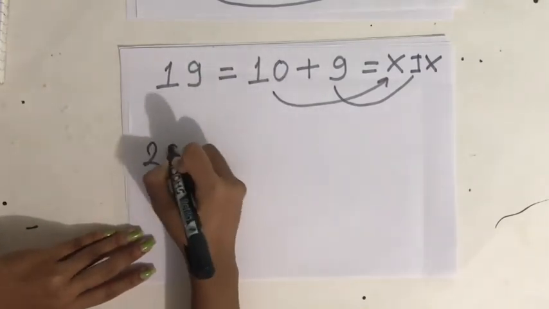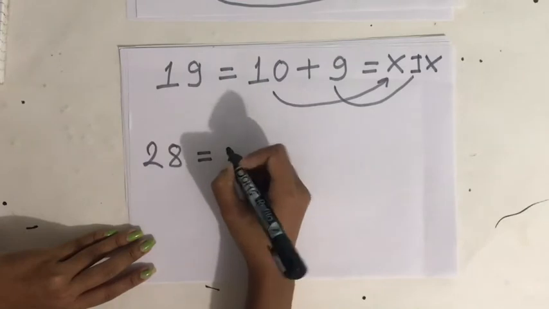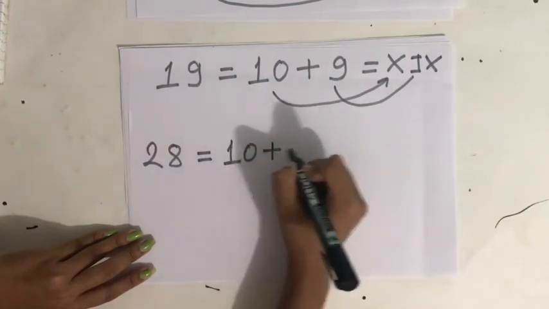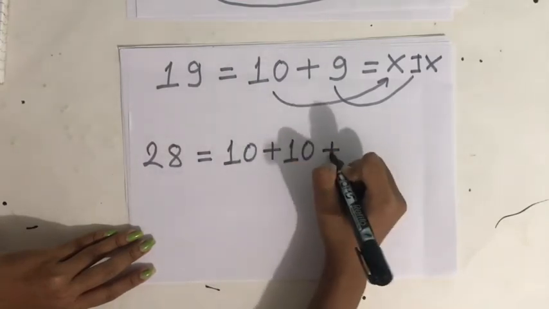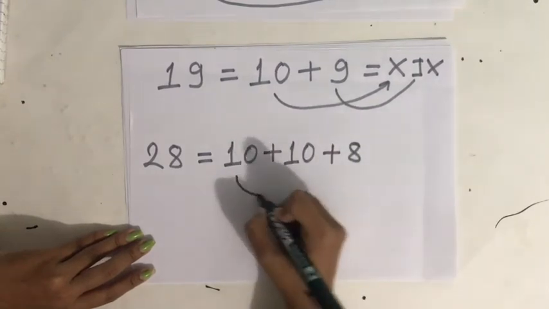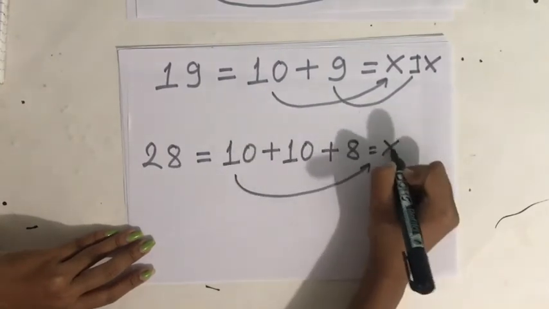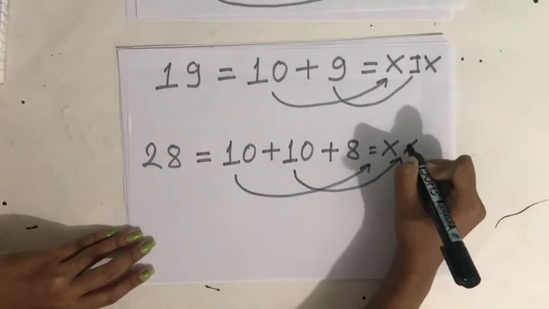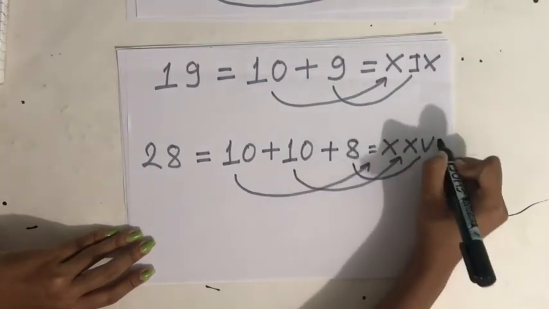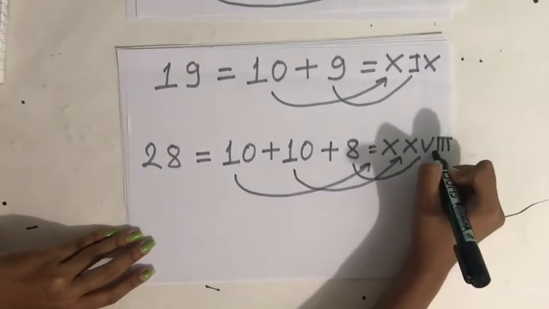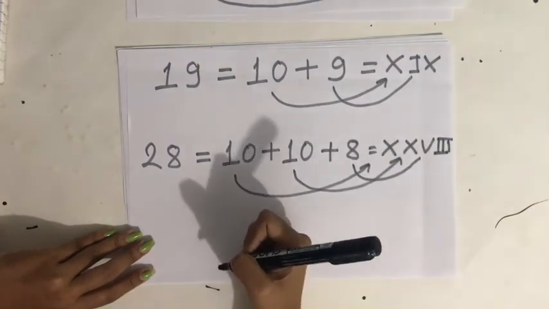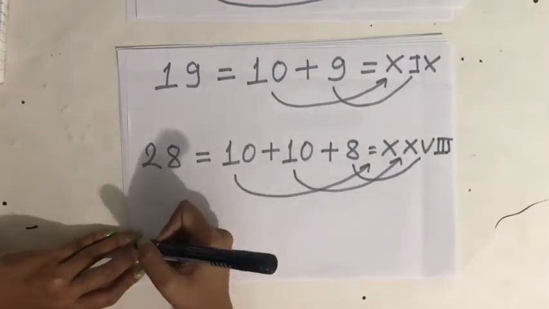Now 28. Here 10 plus 10 is 20 and plus 8 is 28. You can write 10 as X, another 10 as X and 8 as VIII. So that means 28 is written as XXVIII.